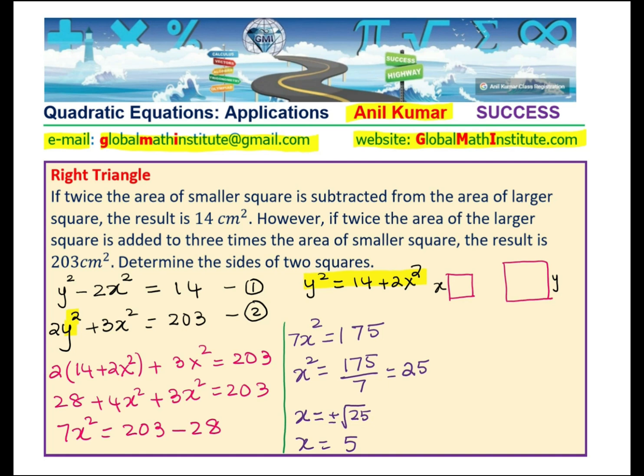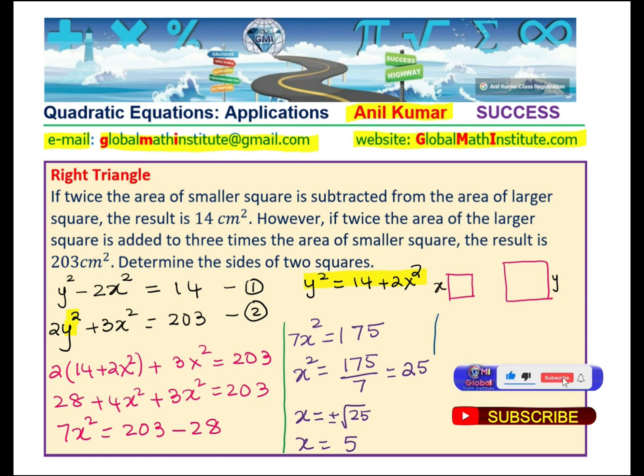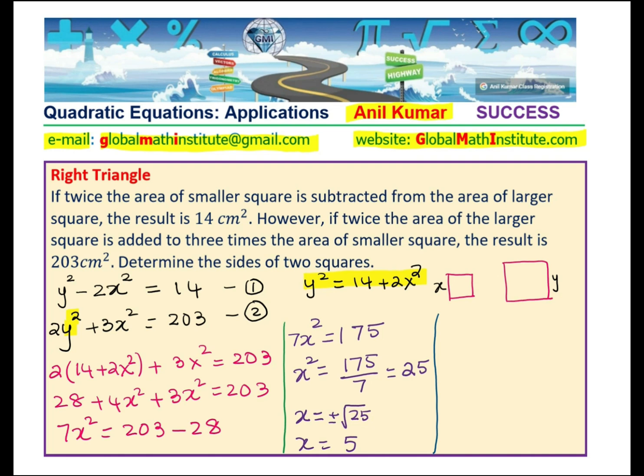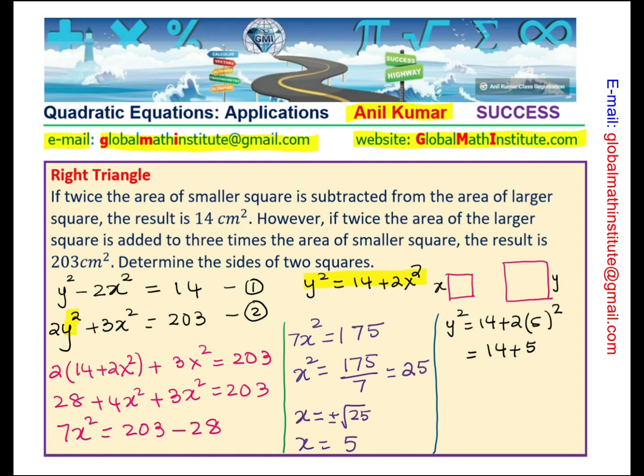So, determine the sides of the two squares. One side is x. We can now find what is y. Let's try to complete the question on one page. So right here we have x equals 5, so y square equals 14 plus 2 times 5 square, which gives you 14 plus 50, or 64.